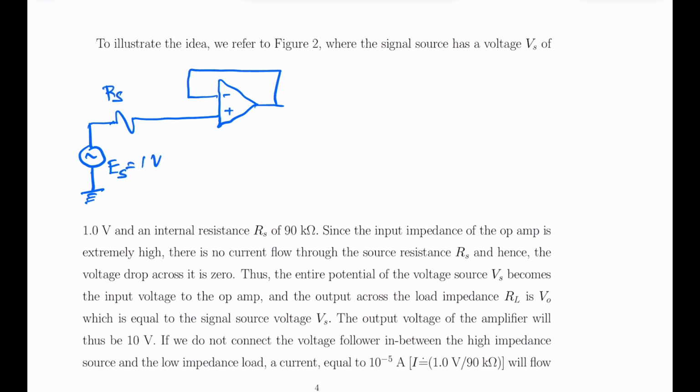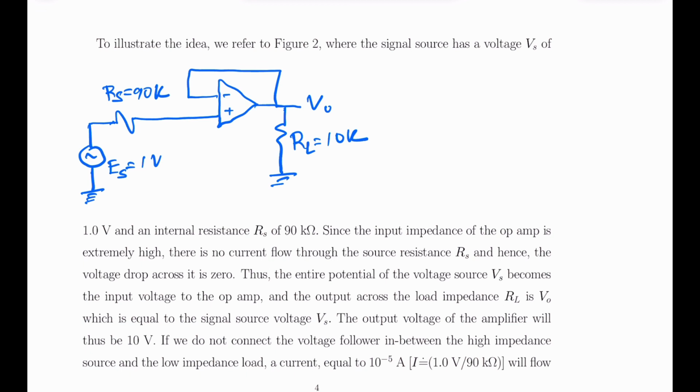This is RS equal to 90K. And this is the output voltage here, V0, and this is the load resistance RL. Now, this is the voltage follower.